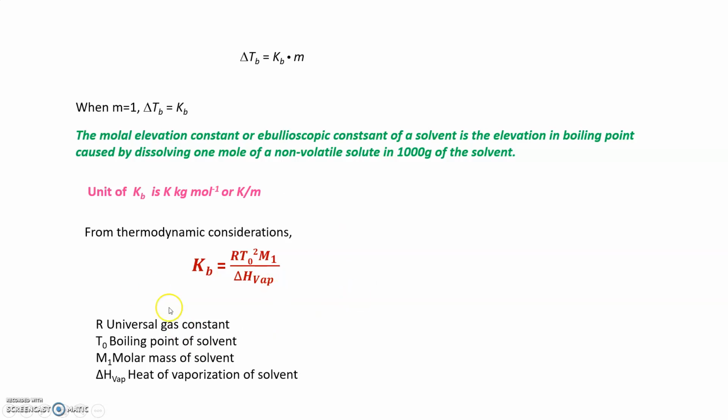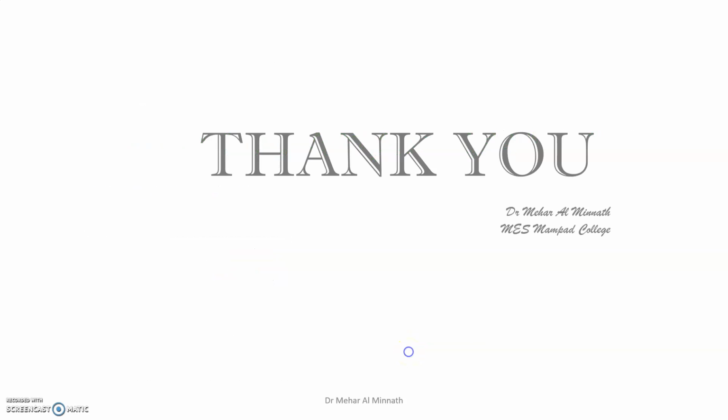So that's the thermodynamic aspect, the relation of KB to the thermodynamic parameter delta H vaporization. These are the points I needed to introduce. We can also rewrite KB as R T0 square M1 by 1000 delta H vaporization.